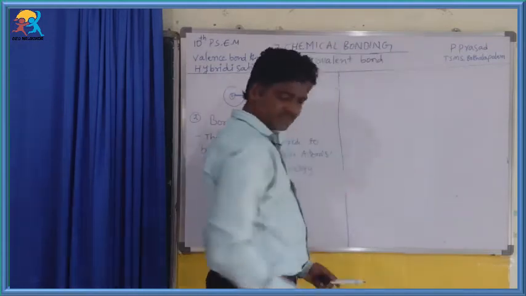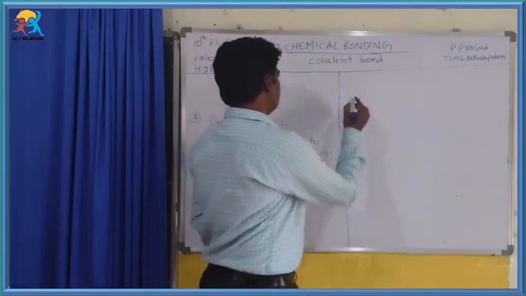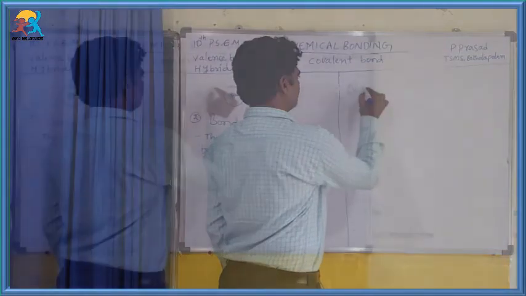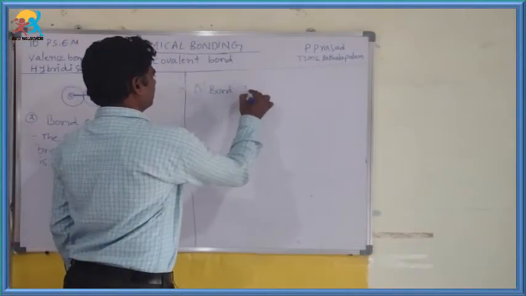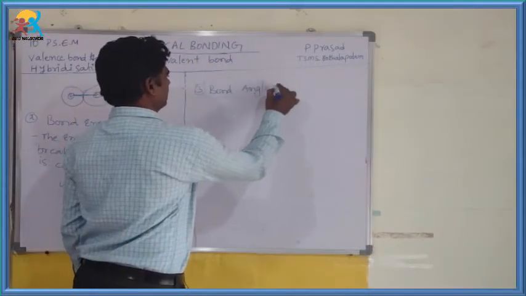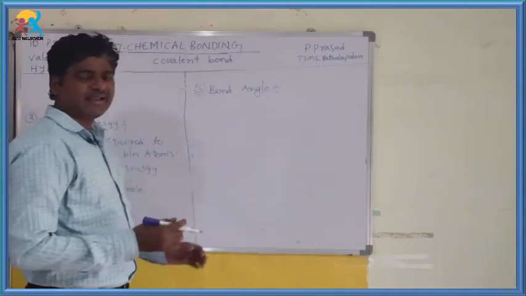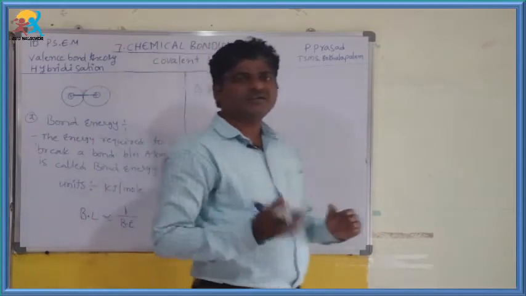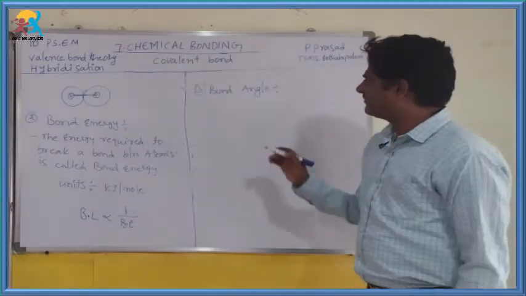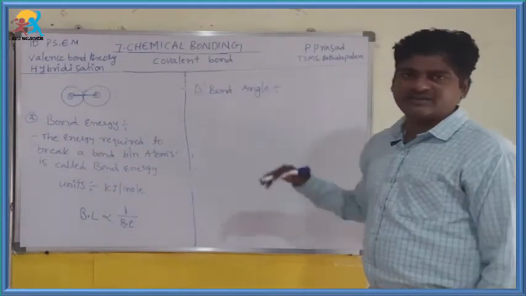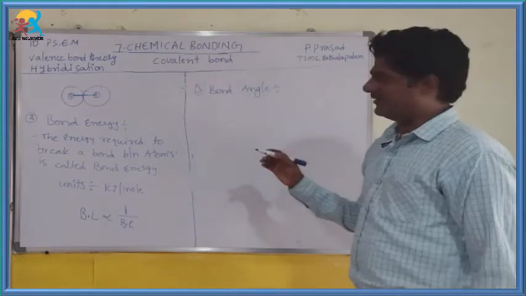Bond angle means the angle between the bonds around the central atom. The angle between the bonds around the central atom is called bond angle.